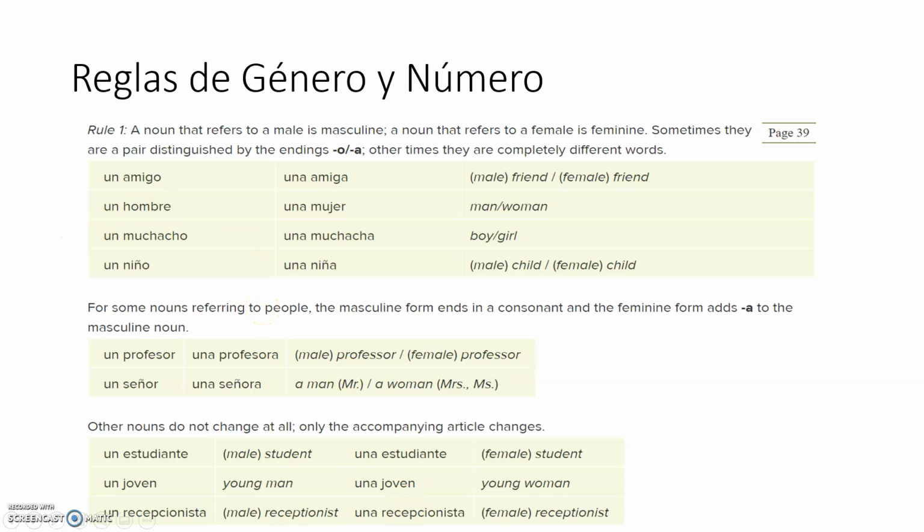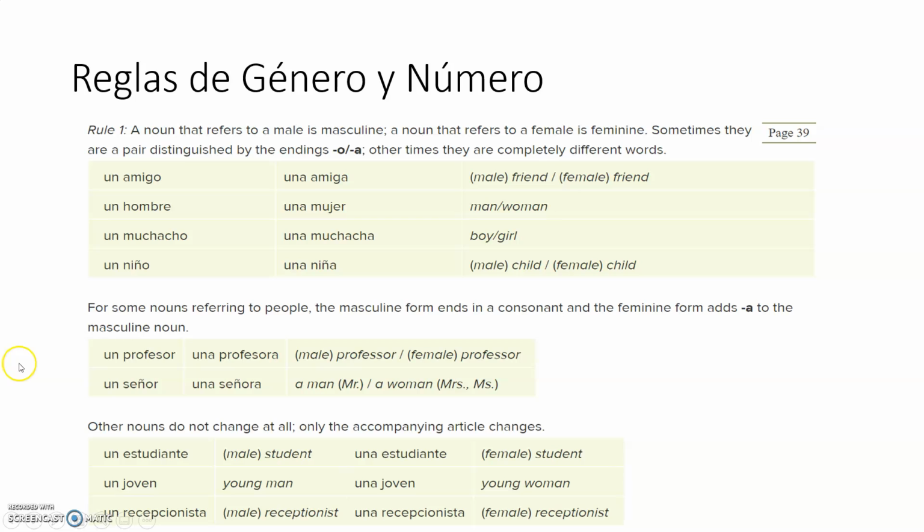Typically, a lot of times in Spanish, you will see that nouns that end in O are masculine and nouns that end in A are feminine. Okay, a lot of times too, masculine nouns will refer to men, feminine nouns will refer to women.